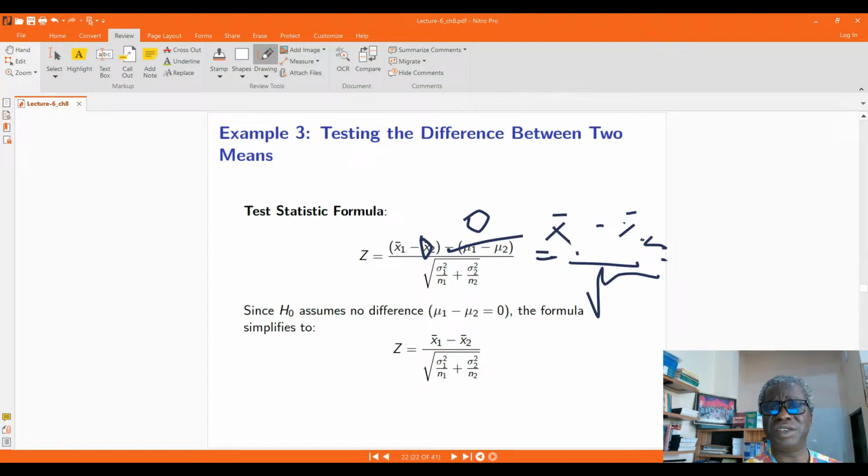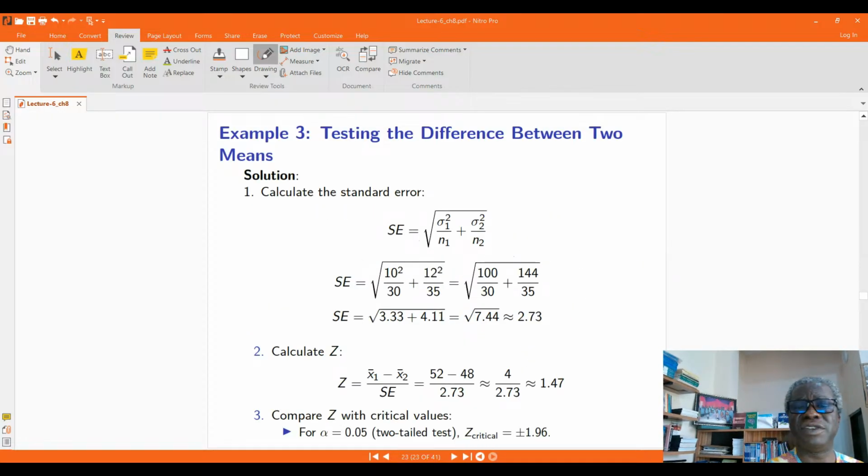So since H naught assumes no difference, then mu1 minus mu2 will be equal to 0, and the formula reduces to this.